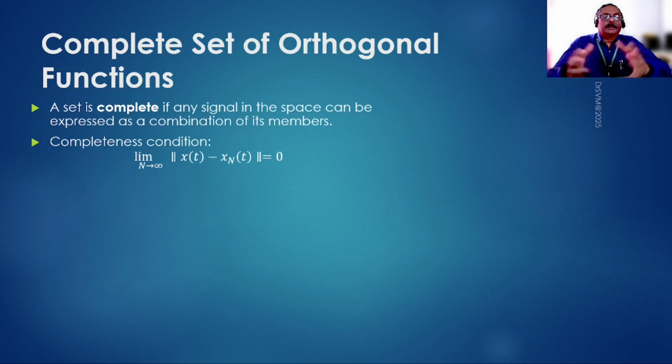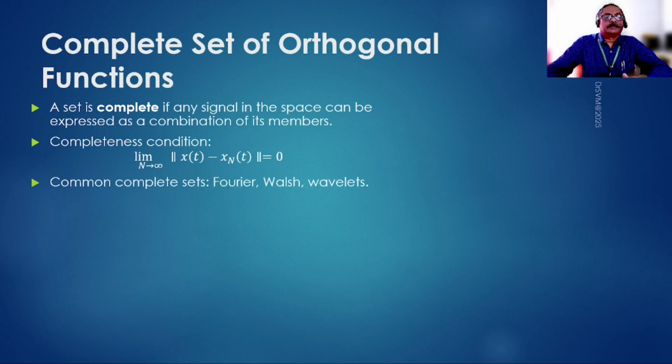Only then do we say that the approximated signal is exactly equal to the original signal, and that is possible with some n number of components. If all n components are used, only then is it called a complete set.